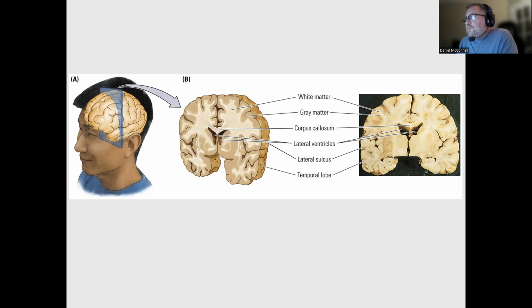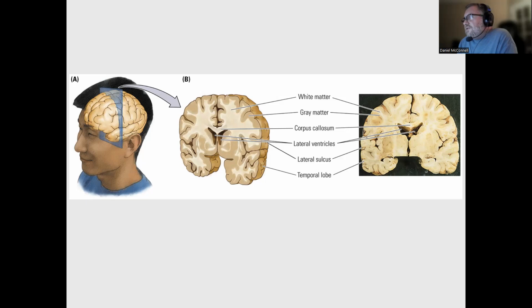Their axons, though, protrude down further into the interior parts of the cerebrum, where we see the white matter. You can also get a little view of the corpus callosum there, just a little bundle of nerve fibers, axons, right? Part of the white matter that interconnects the left and right sides of the brain.